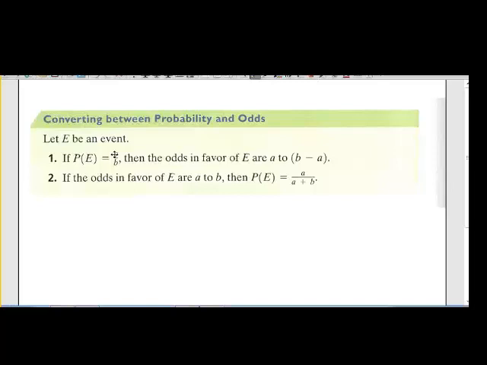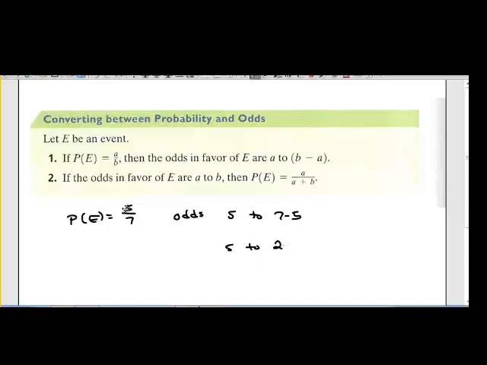So what they're saying is if you know the fraction that represents the probability, to find the odds in favor of event A, all you have to do is say it's A to the denominator B minus the numerator A. As an example, if I knew that the probability of event E was equal to 5/7, then the odds would be 5 to 7 minus 5, or 5 to 2, favorable to unfavorable.